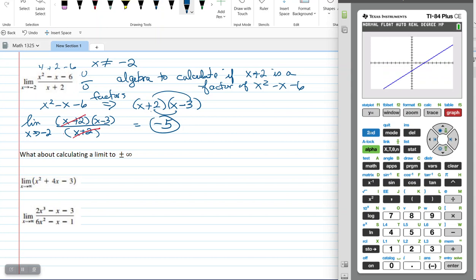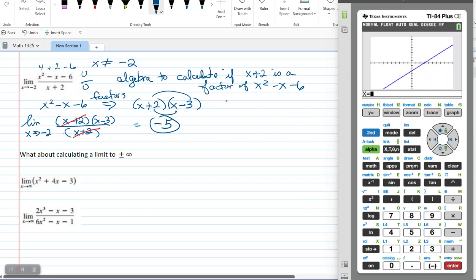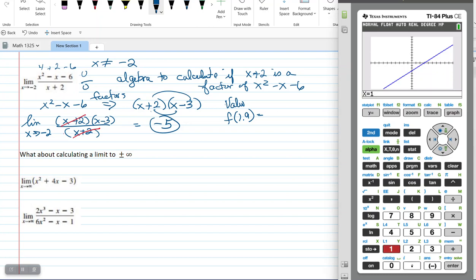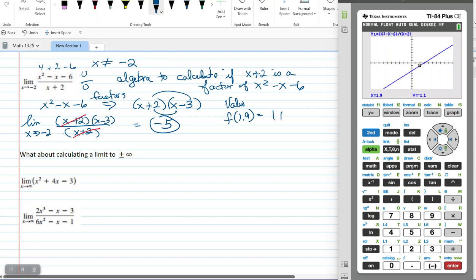So we can do second calc value. We want f, and we want it smaller than that. So we can put 1.9. Okay, and I'm getting 1.1.